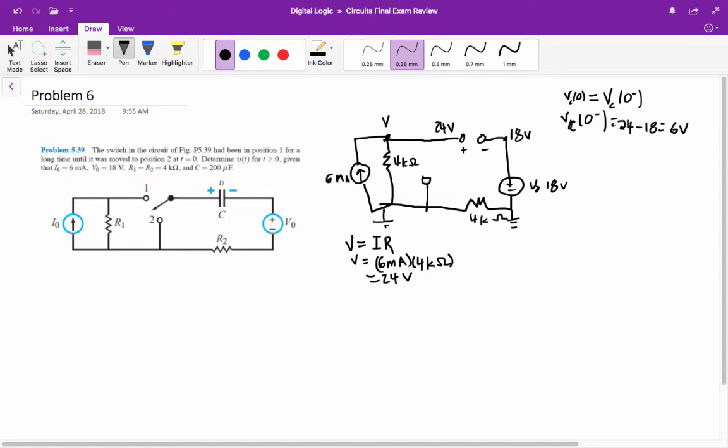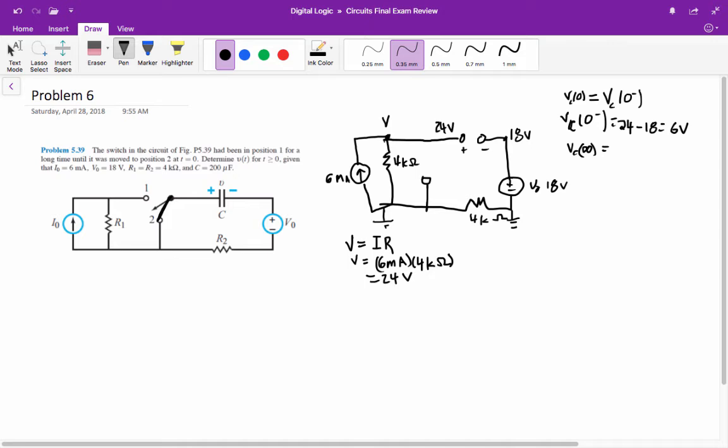Now let's figure out what Vc at infinity is, because we need that term as well. Now the switch is going to move to position 2, and this part of the circuit will be open, so this part will be irrelevant.